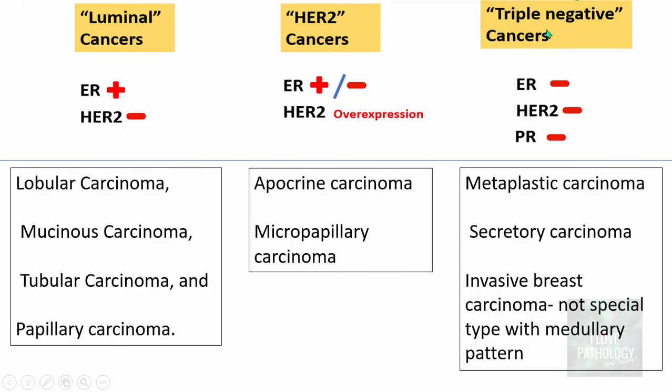The triple negative breast cancers, TNBCs, all the three markers are negative. These are metaplastic carcinomas, the secretory carcinoma, and the one we studied, invasive breast carcinoma, not special type with medullary pattern. These can be triple negative breast cancers. Now, having known the types of breast cancers, both not special type and the special types, let us see how the breast carcinoma spreads.